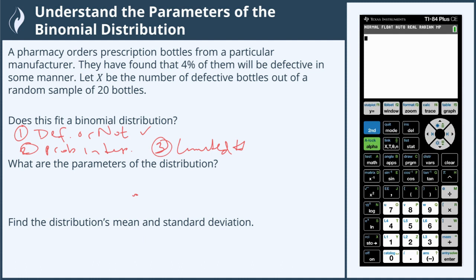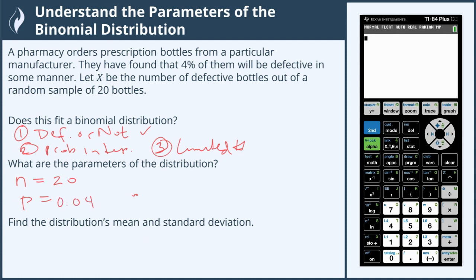Our next question is, what are our parameters? Our parameters for a binomial distribution are n, the sample size, our p, which is the probability of a particular event. In this case, it's being defective, and that is 4%, but I'll write that as a decimal, 0.04.